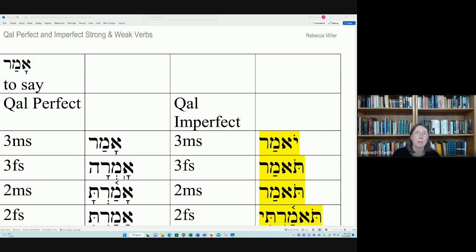Now let's see, what were those weak consonants again? They were the gutturals, that is the aleph, hey, cheth, and ayin. We had the noon as well. And then we also had the wow and the yod. So the aleph here is one of our gutturals. It is therefore weak. And as a result, you will see certain changes that will occur with respect to the normal pointing where this aleph is.